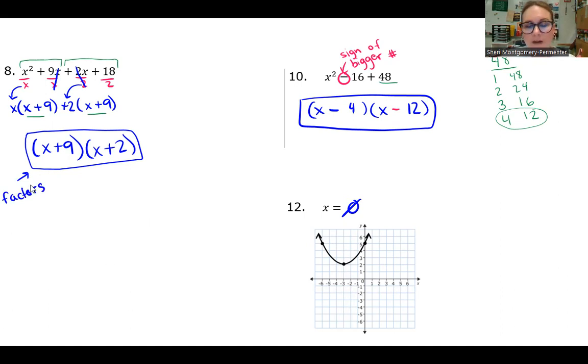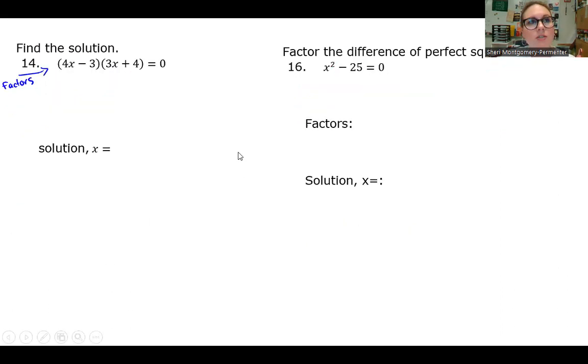You can always take factors and find solutions. So I'm going to set each factor equal to 0. I'm going to break it up and say 4x minus 3 equals 0, and then 3x plus 4 equals 0.